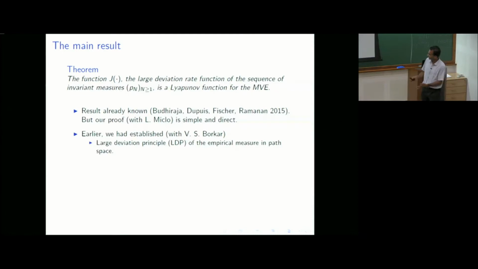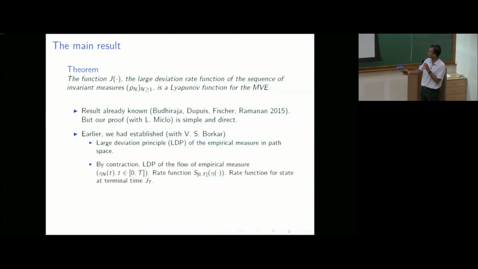Now, in an earlier work, Professor Borkar and I had looked at large deviations principles for finite horizon, in fact for the empirical measure in path space. And then by contraction to flow of empirical measure, we had computed the rate function, and if you do a further contraction of this at terminal time, you would essentially get the J^t as well.